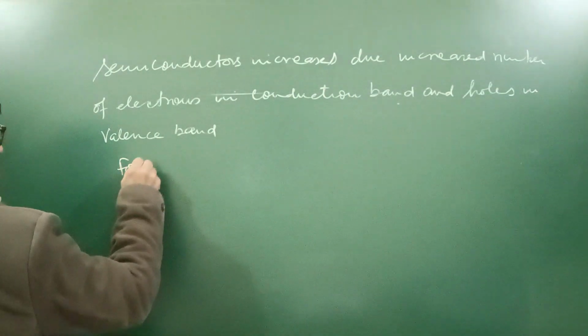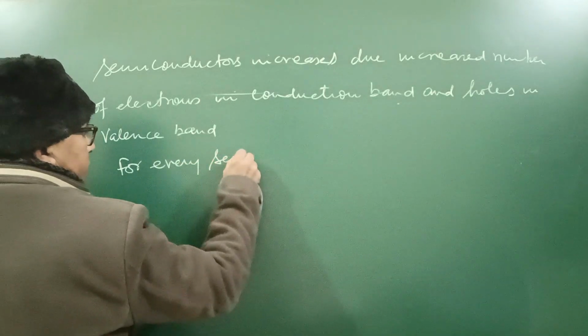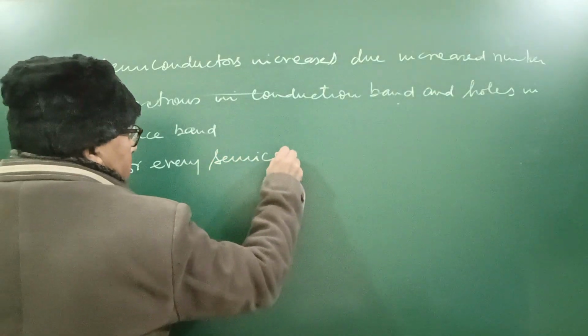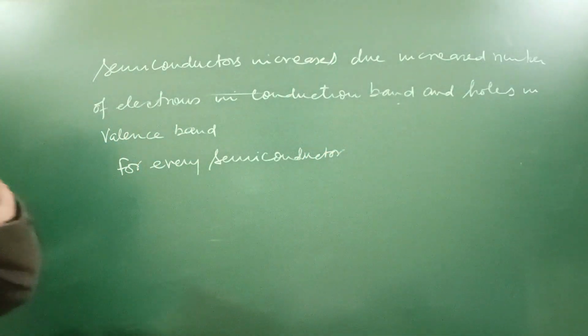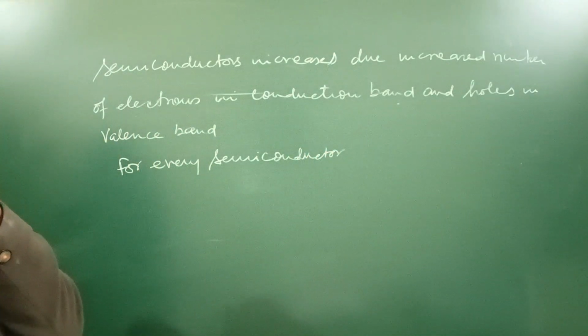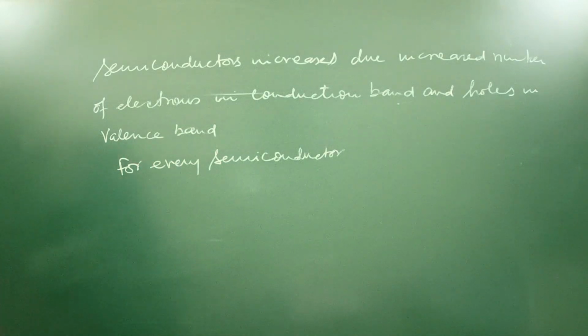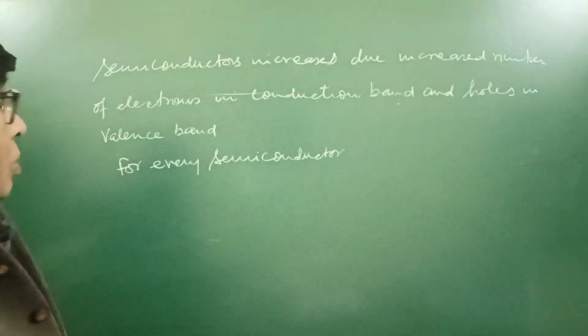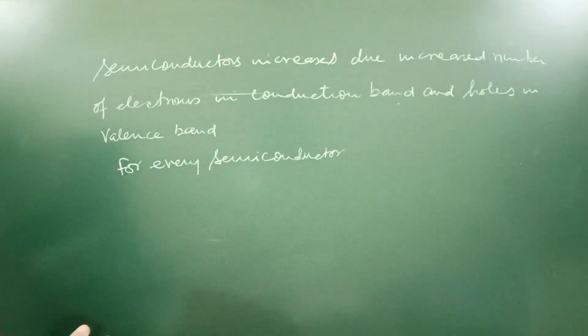For every semiconductor, silicon, germanium, pure semiconductor and then doped semiconductor, whosoever is there, every semiconductor has charge carriers, electrons and holes.